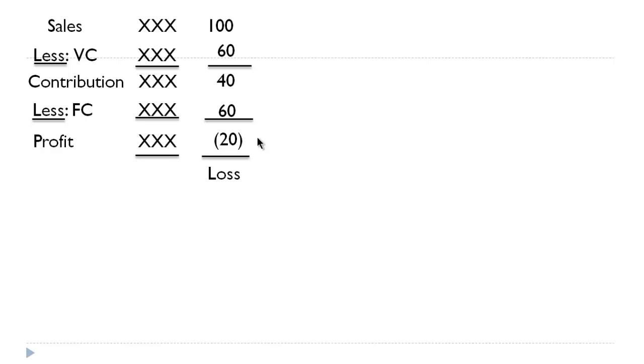Now I'll give you another scenario where the sales of the company is 200. Here we have understood that variable cost is 60 when the sales was 100. So the variable cost would be 120 when the sales is 200, and here the contribution is 80. But what about the fixed cost? Would the fixed cost also jump along with sales?